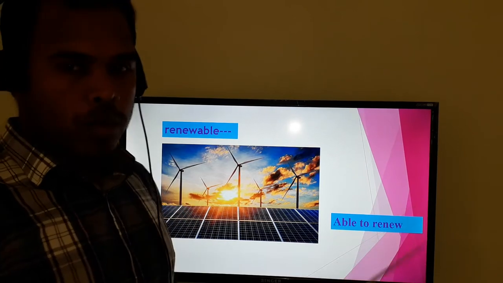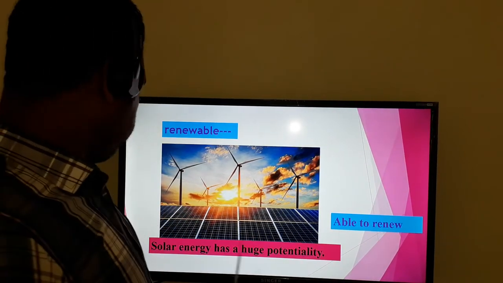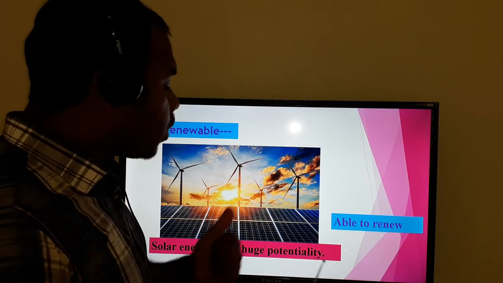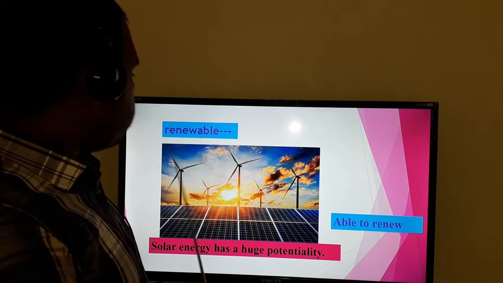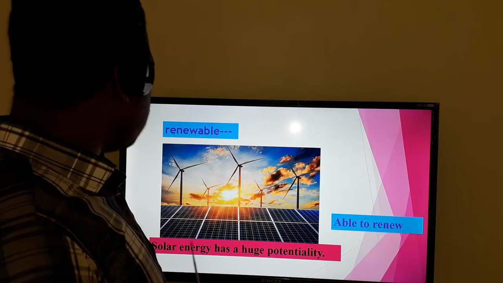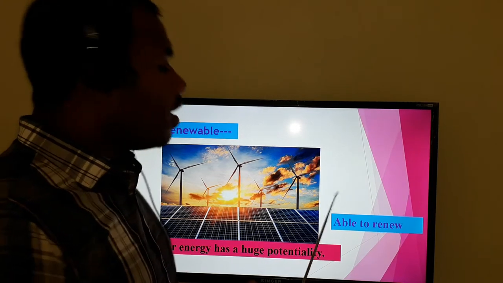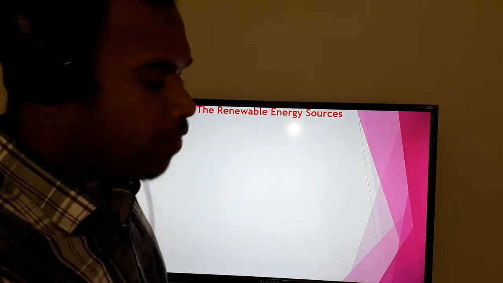It could be a passport or an ID card, then we have to renew that. Solar energy has huge potentiality. I mean, solar energy is one of the best sources of renewable energy. That is why I said solar energy has huge potentiality. So these are the vocabulary words that I have chosen from the text.